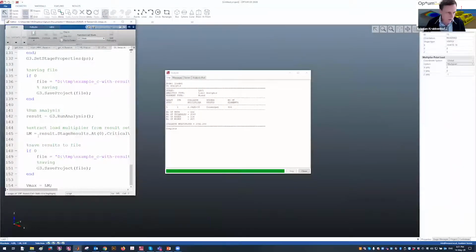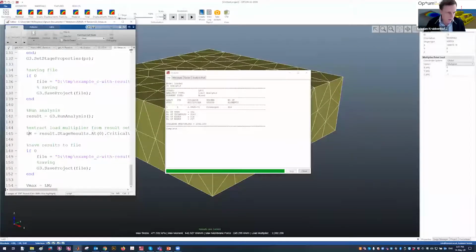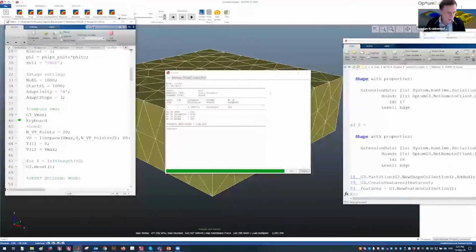And then the actual torsional analysis begins. You can leave it overnight, no matter how many stages you want, you have enough time.